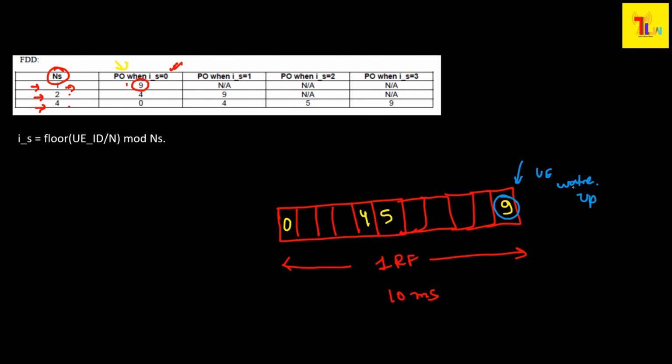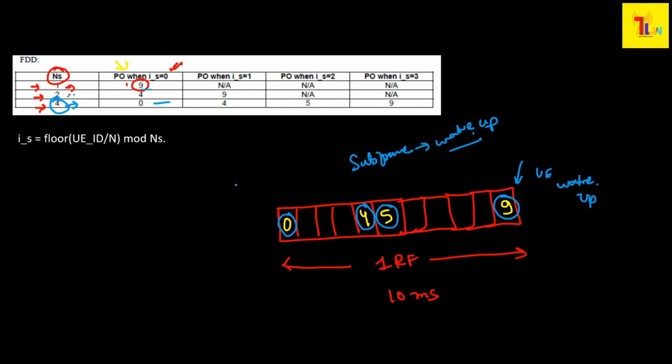And if your NS is 2 and IS is 1, then in that particular case there are two occasions, so it can wake up at subframes 4 and 9 both. When we consider NS of 4, it will occur at 4 occasions: 0, 4, 5 and 9. So on all these 4 subframes your UE is going to wake up.